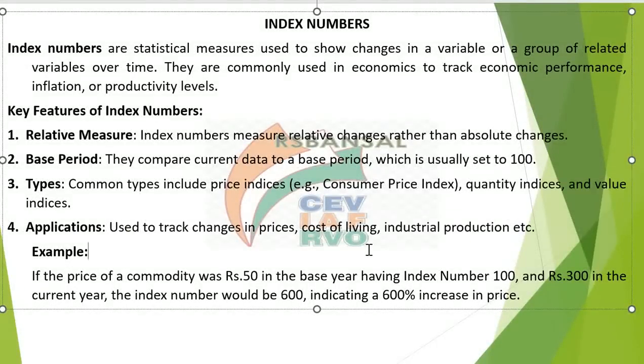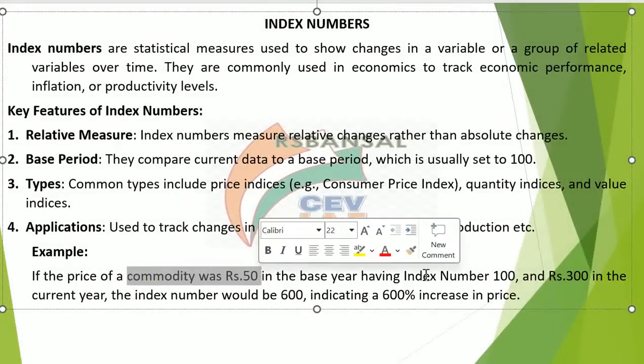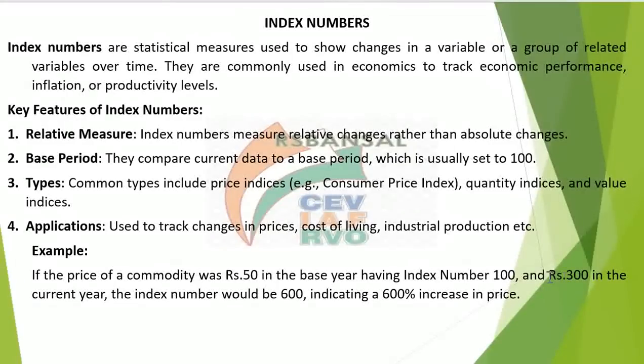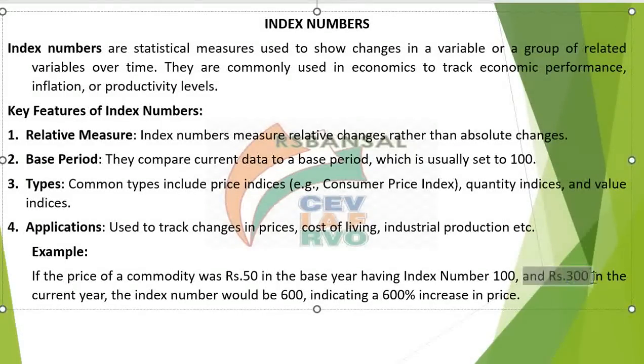As an example, let us suppose that in the base year the price of a commodity was rupees 50, and the index number in that base year was 100, and in the current year, say 2024, the price of that commodity is 300.